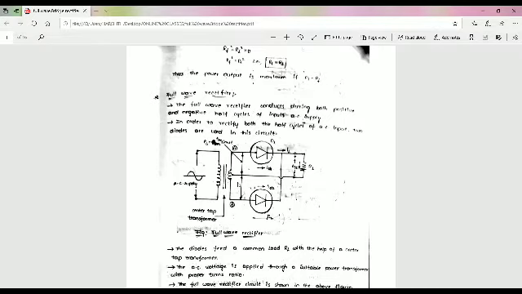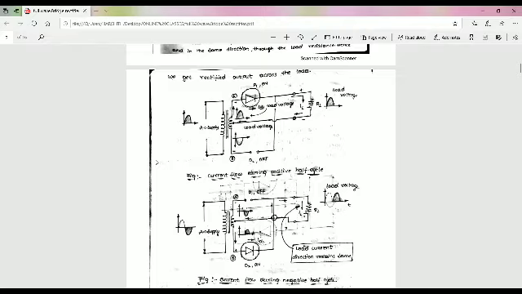Operation of the circuit. So this is the operation of the circuit. Consider a positive half cycle of the AC input voltage at terminal A. A is positive. Consider the positive half cycle.